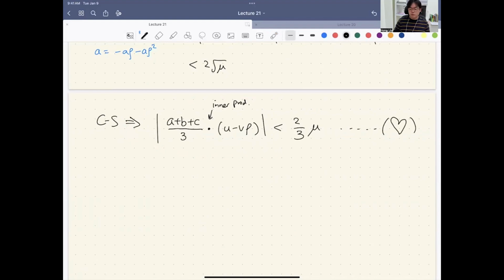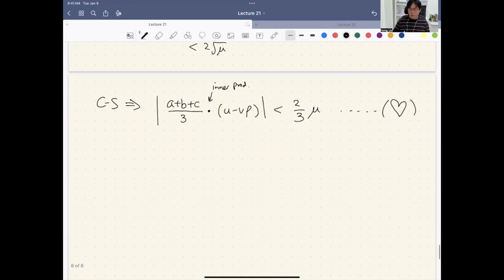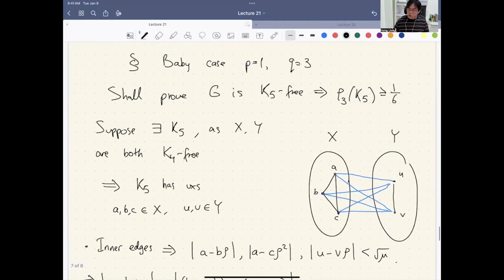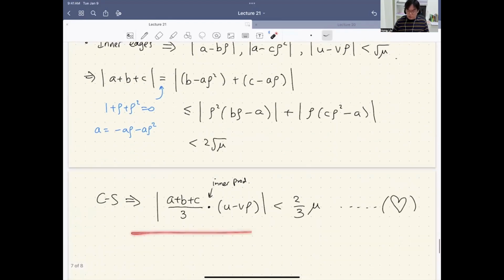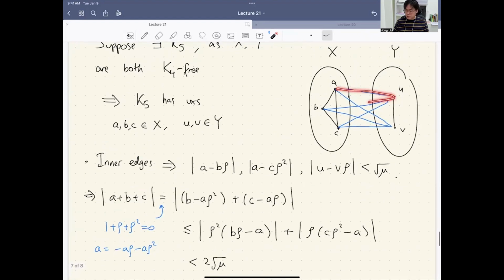Now, how do we bound this from above? Let's see where they lie on this unit disk. First of all, so far we've only used inner edges to derive this. Now let's use cross edges. Cross edges are these 6 edges from the ABC side to the UV side.